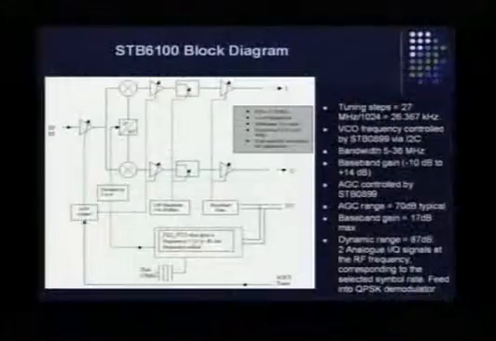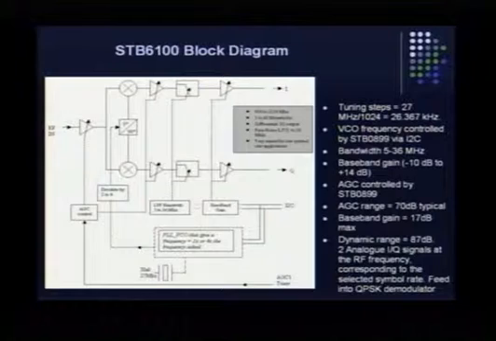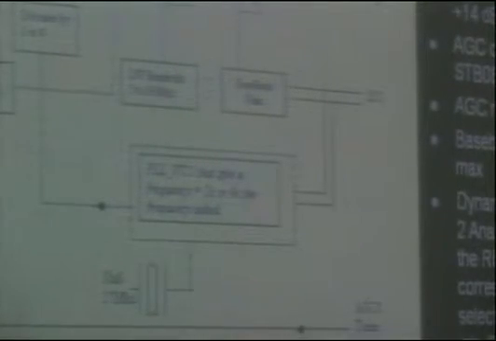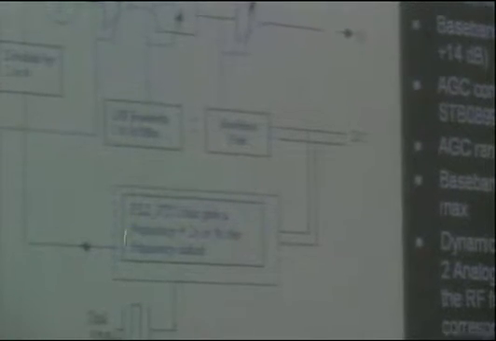Zero IF tuner, you will see this is the only analog part inside the chip. We can see RF in. We have an AGC signal from the QPSK demodulator. We will see that later. The I2C instructions are coming to set the VCO, parallel VCO on the good frequency.